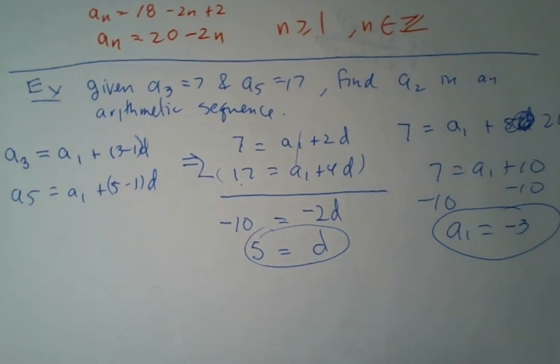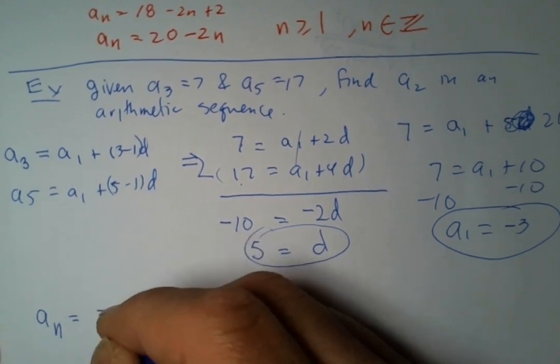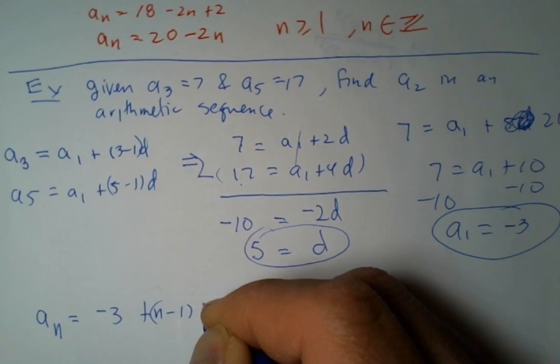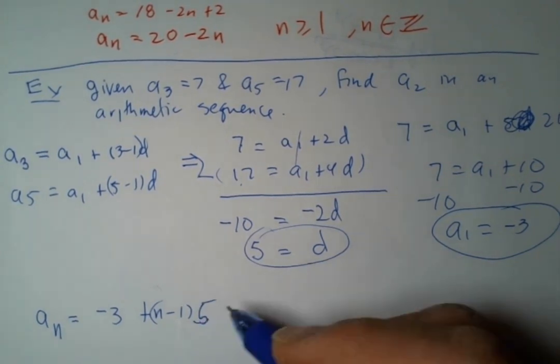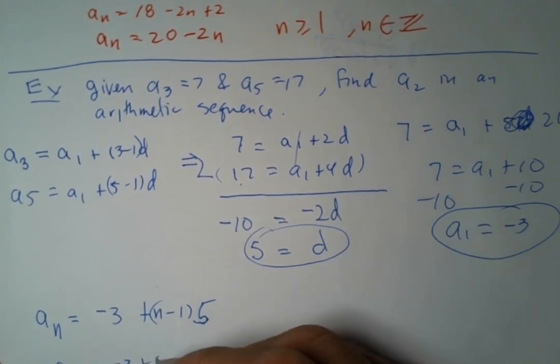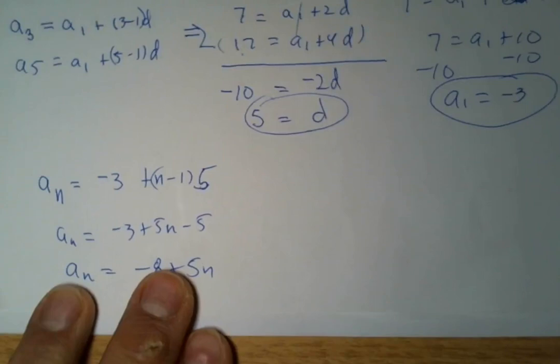So now we have our general formula: a sub n is equal to negative 3 plus n minus 1 times 5, for our common difference. Doing a little simplification here, we get plus 5n minus 5. So we get this value here.